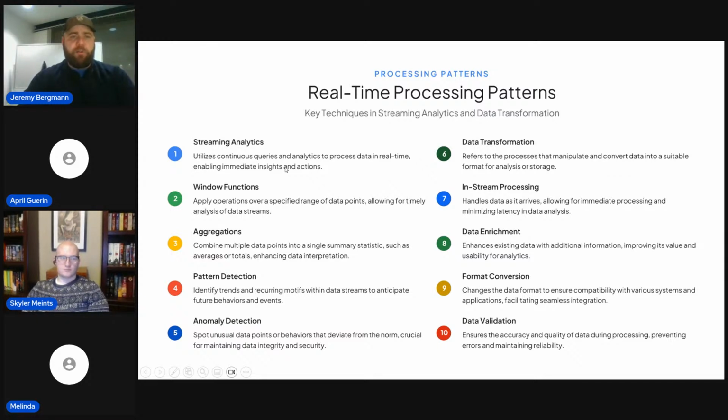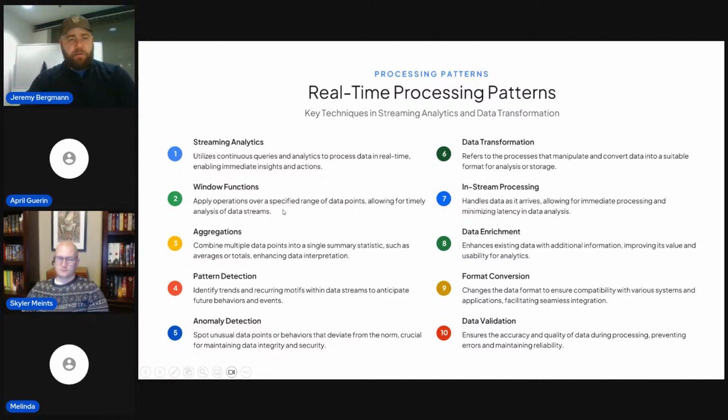You use continuous queries and analytics to process data in real time, enabling immediate insights and actions. So maybe you're using KQL to summarize the data as it's coming in. That's often typical. You often aren't storing all of the data in real time. It's just some subset of the data or some type of summary that you then store within the database for processing.